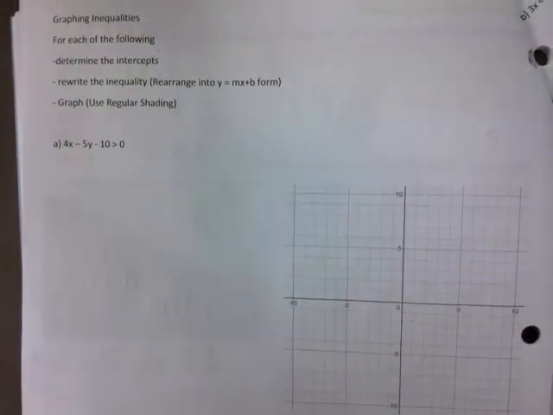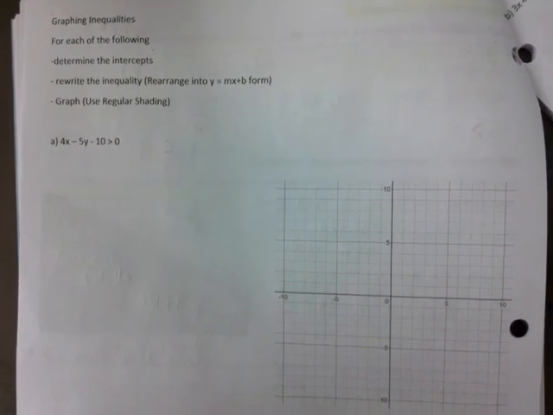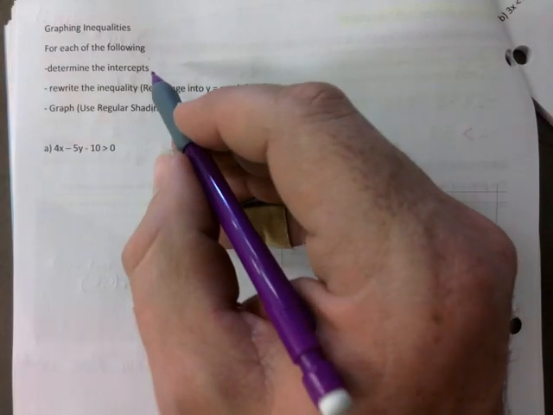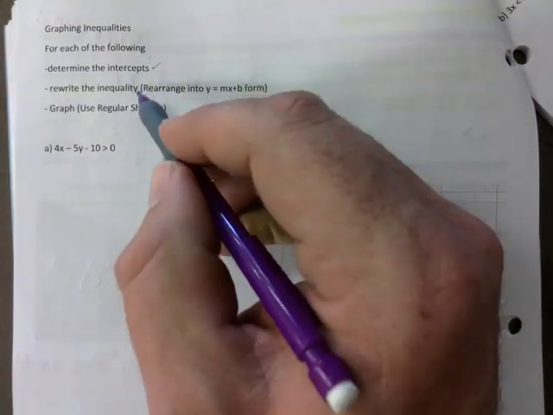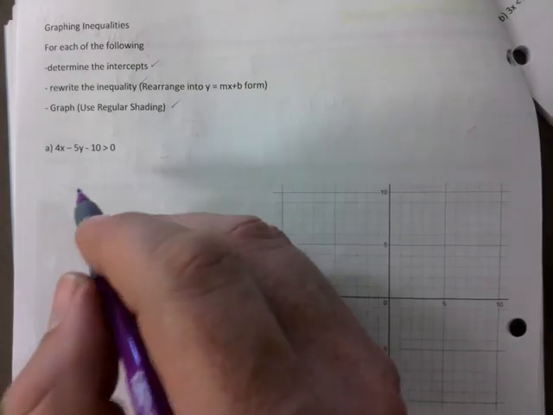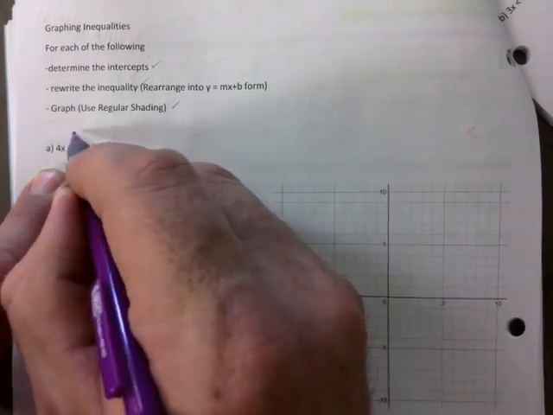So let's graph inequalities here. For each of the following, determine the intercepts, rewrite, and then graph using regular shading. So for now, we're just going to use regular shading. Just keep it simple. Okay, so remember, this is the inequality.